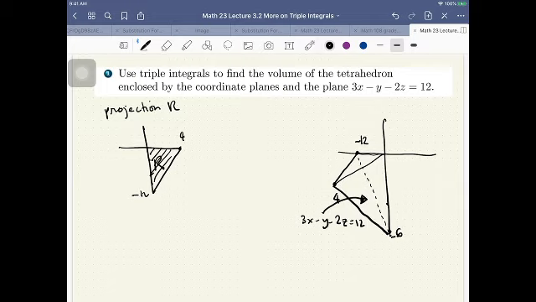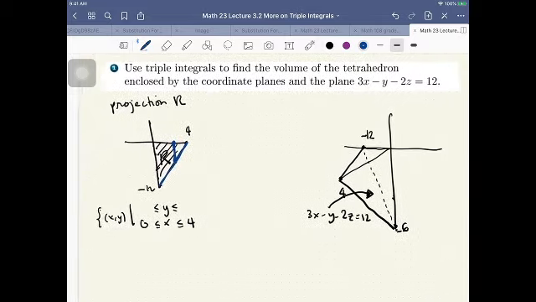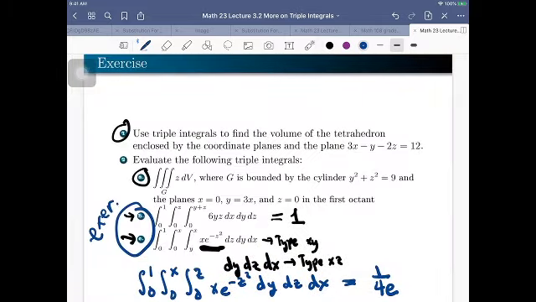If you treat this as a type 1 region, this is the set of all xy such that x ranges from 0 to 4. That one is clear. And for y, if you imagine a vertical strip here, then the bottom function is this one. What is the equation of that one? Just let z equals 0 here.